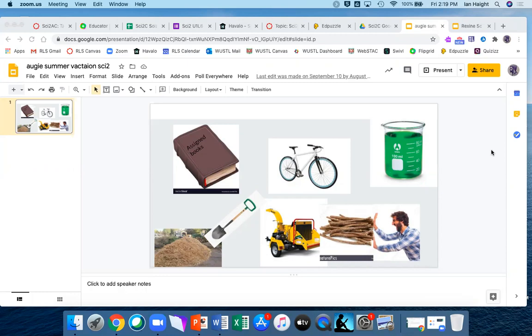So we put all the sticks that weren't really being used by the trees into a wood chipper, and then we kind of just put it along our backyard. I don't really remember what it was for, but it was for something good. Yeah, usually compost or something. Mm-hmm. Yeah, something like that. And then the beaker represents chemistry, which was my favorite science, and that's it.